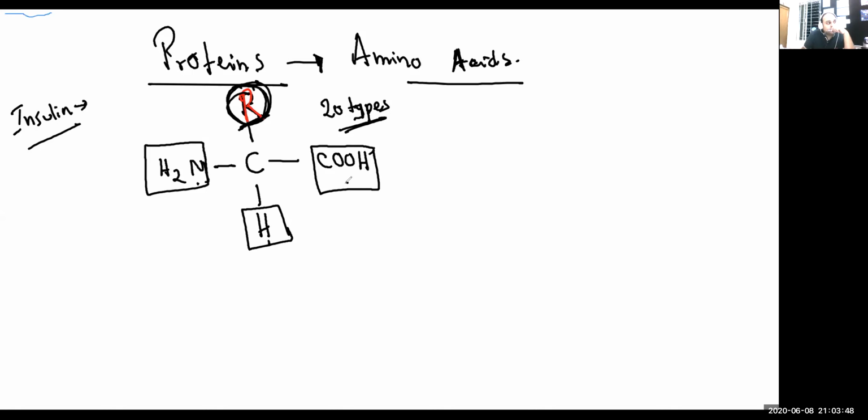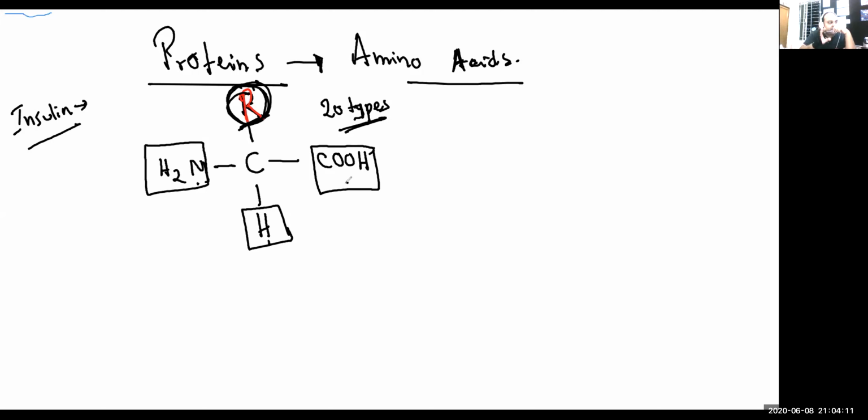COOH and H2N. All of them? Yes, sir, everything except for the R group. Guys, chill, one by one. So all the functional groups. Okay, any other opinion? All the groups except for R group.